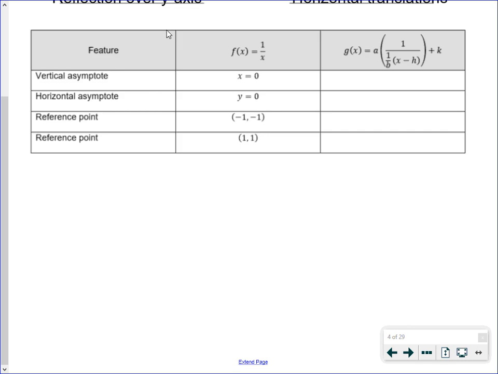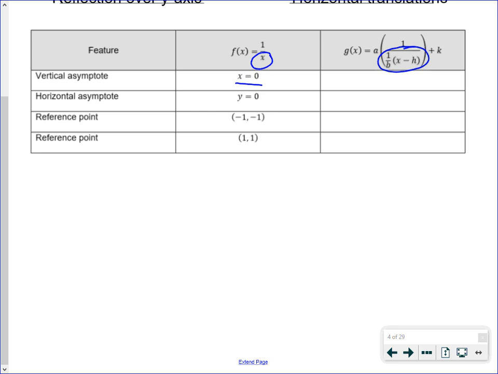For the table on the bottom, we need to figure out what our new vertical asymptote will be, our new horizontal asymptote, and our new reference points. So let's start with the vertical asymptotes. For the function f of x equals 1 over x, our vertical asymptote happens at x equals 0, because we cannot have a denominator of 0. So we need to carry that same logic into our new transformed function, and see when the denominator of this function equals 0.